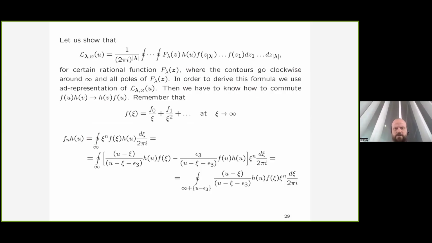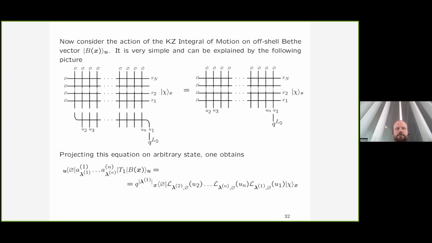Okay, the 20 minutes. So I have this very simple formula. Instead of acting by the transfer matrix on this off-shell beta state, I will act by its value at u equals u1. This intertwining operator, what it does is very simple.